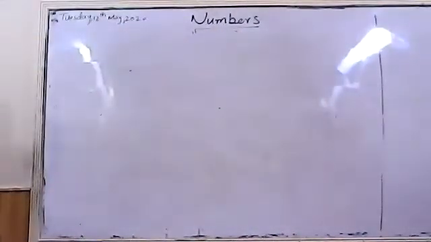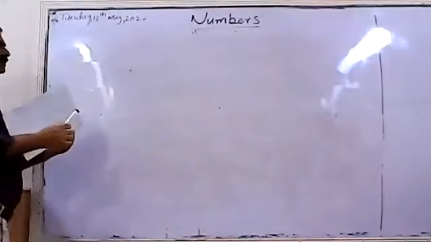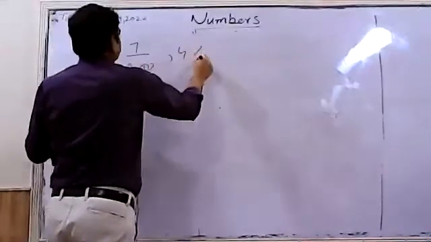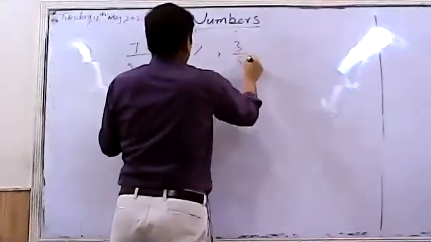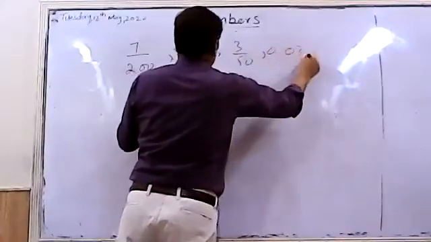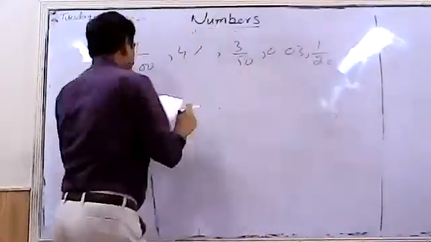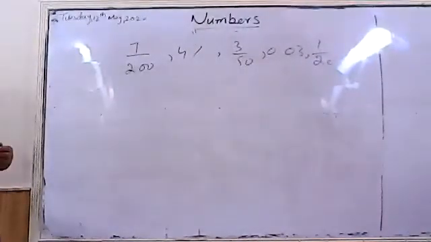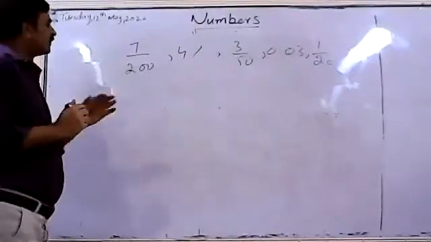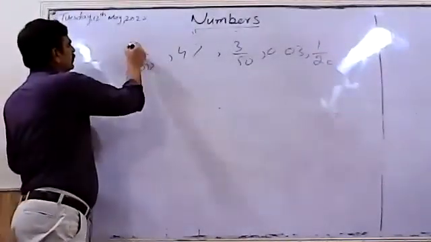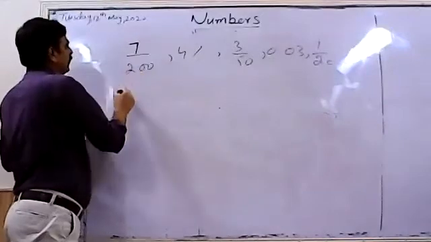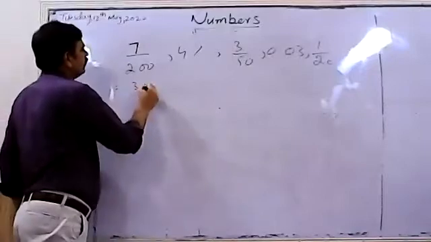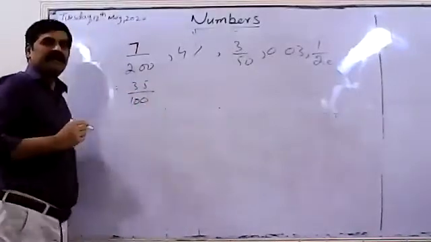One more question I want to discuss with you. Some numbers: 7 over 200, 4%, 3 over 50, 0.03, and 1 over 20. The question is to write these values in order starting with the smallest. What is the easiest way to find the exact answer? Suppose it's written 7 over 200. If I divide those values by 2, it becomes 3.5 over 100.